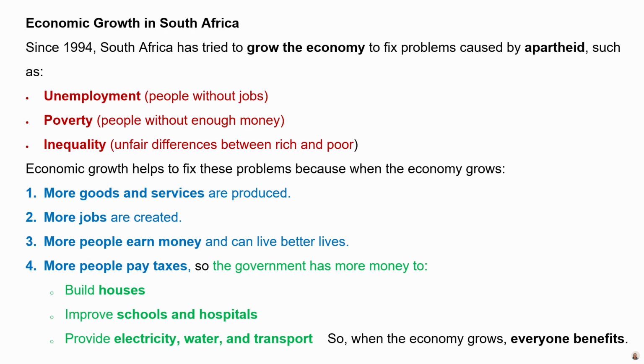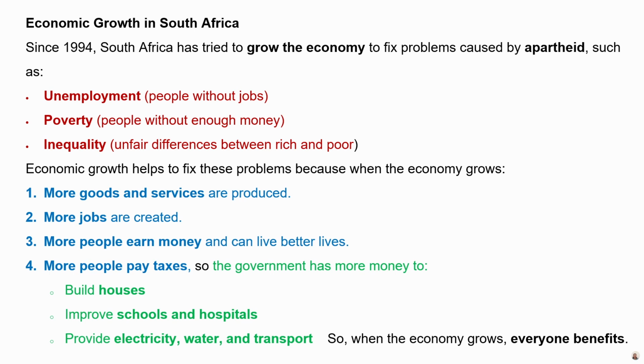So to help fix these problems and help our economy grow, entrepreneurs started producing goods and services. This created more jobs. When people had more jobs, they earned more money and improved their quality of life. When they improved their quality of life, they started paying taxes.